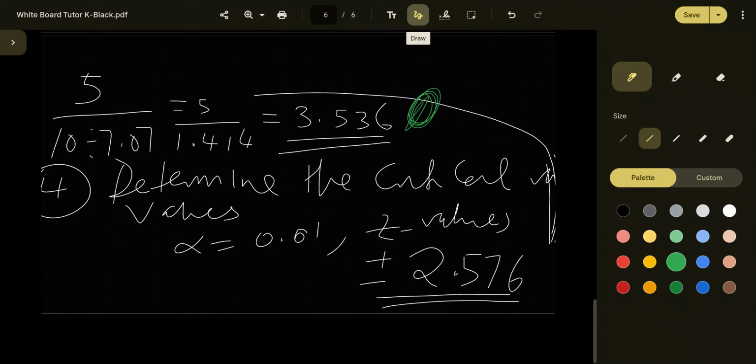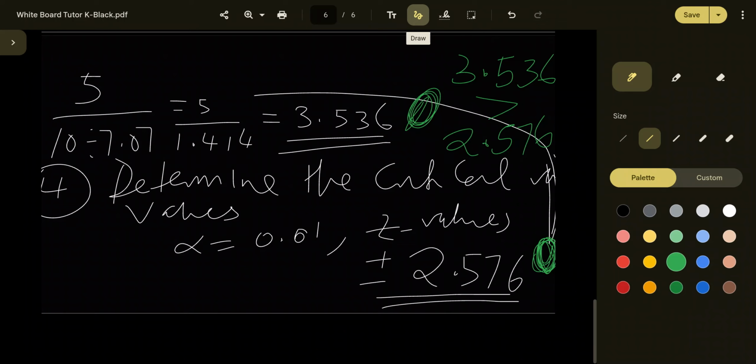You find 3.536, and that value is greater than what? It is greater than this critical value that we determined. So 3.536 is greater than 2.576.